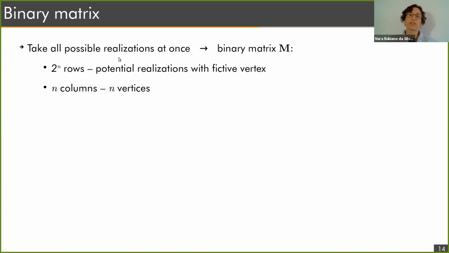In this matrix, there will be one row for each possible realization, which means, counting with the fictive vertex, a total of 2^n rows, and as the number of columns, there are n columns corresponding to each of the n vertices.